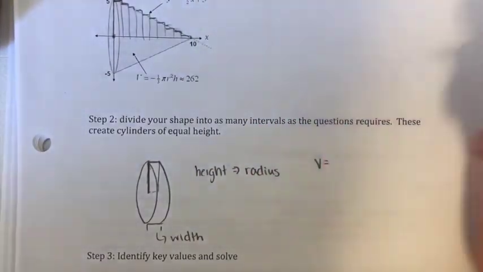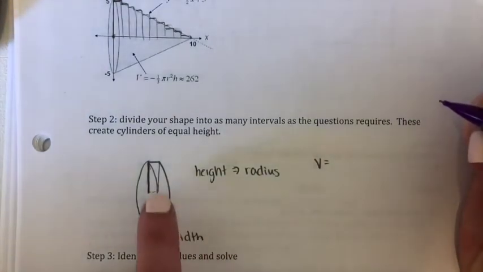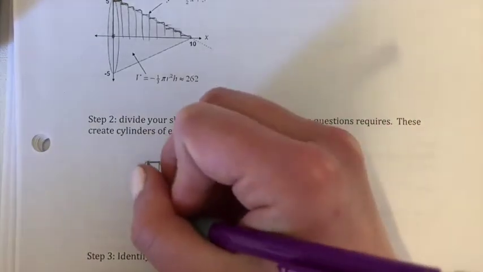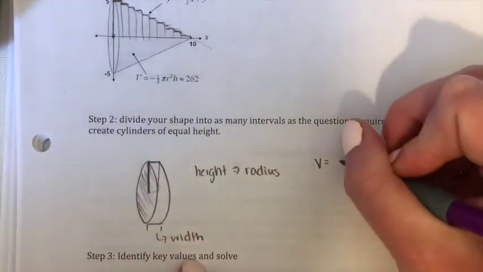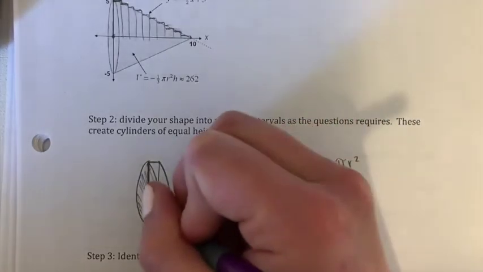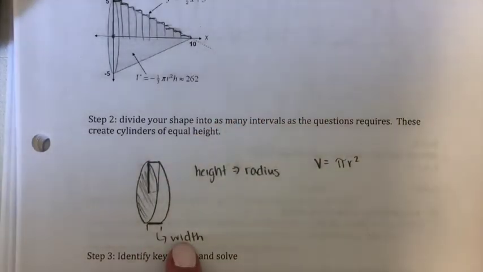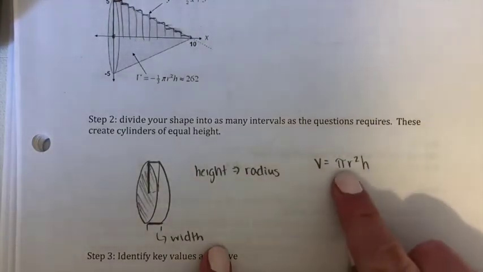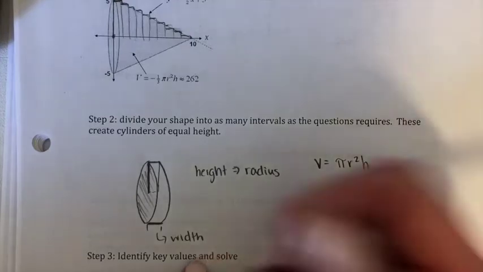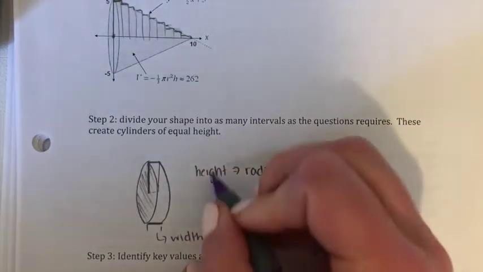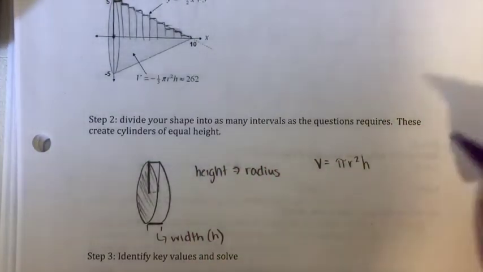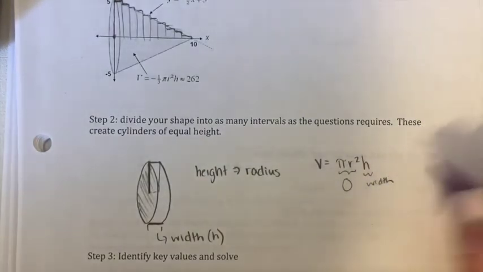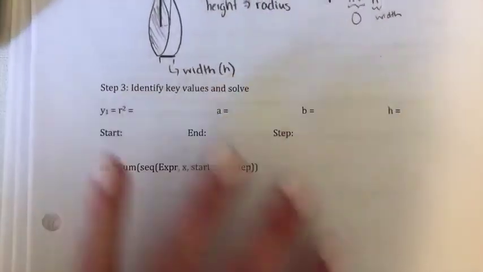So the volume of each cylinder is the area of the face, which we know is pi r squared, times the width. Usually we see pi r squared h as volume, so the width would be our h in this case, which I know is funny because we already used height, but hopefully you get the picture. This is the area of the circle, and this is the width of that cylinder.